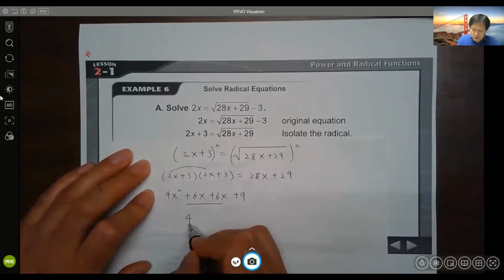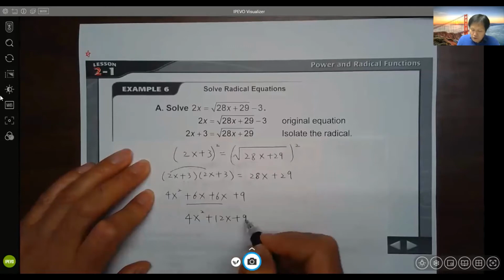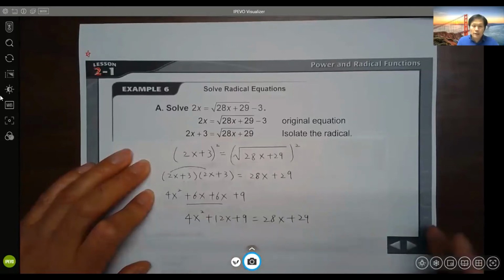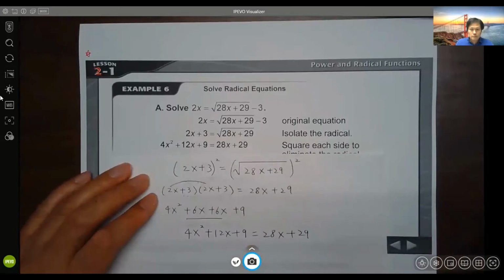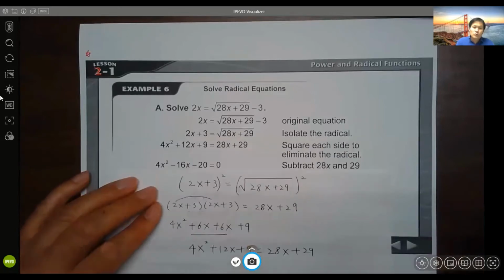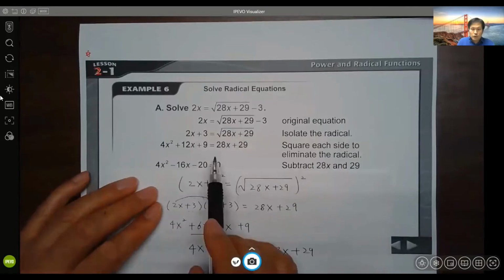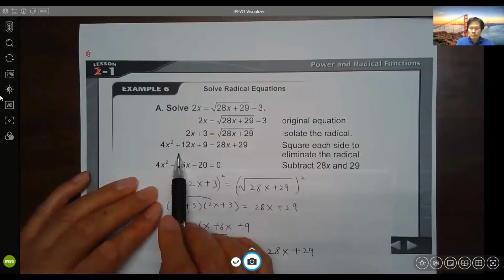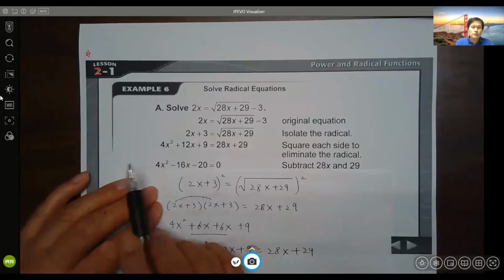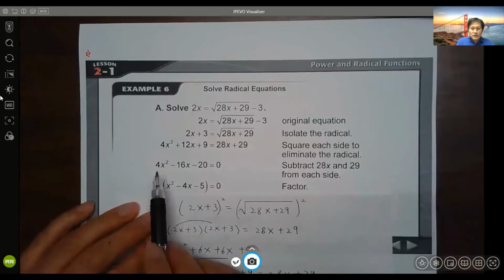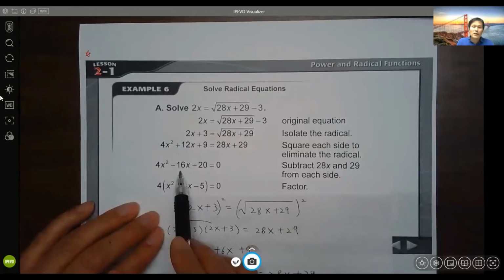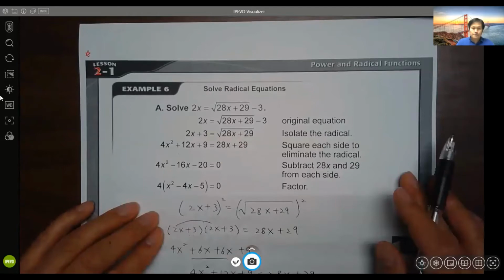Combine like terms: 4x squared plus 12x plus 9 equal to 28x plus 29. That's what they have here. Then what? They moved everything to the left hand side. So minus 28x, minus 29. Then what? So 4, 16, 20, they factored out 4 from each to make it simpler.